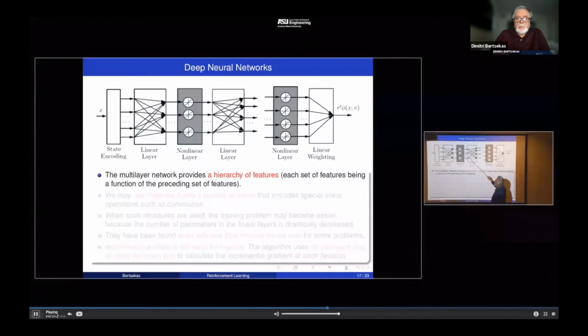And over here, instead of going straight out and picking up those features and linearly weighing them, we use them as input to another linear layer, the output of which is fed into another nonlinear layer, and so on. And you can have quite a few nonlinear layers. You can have in the tens, okay?